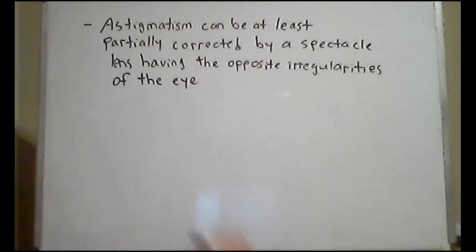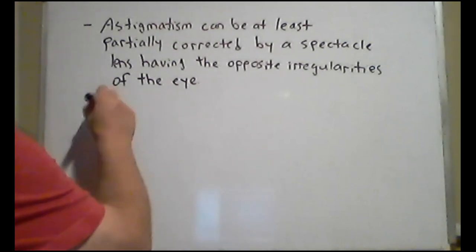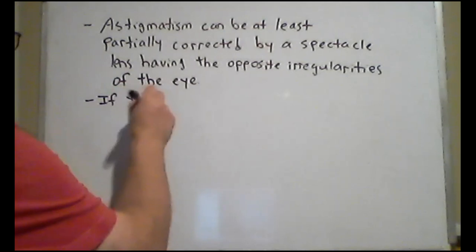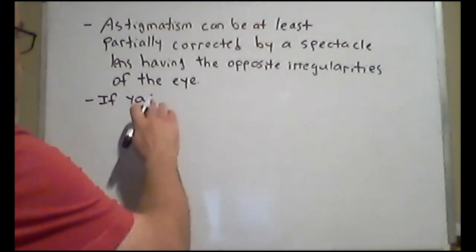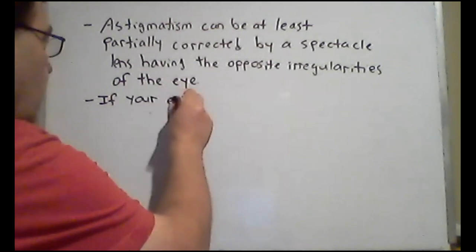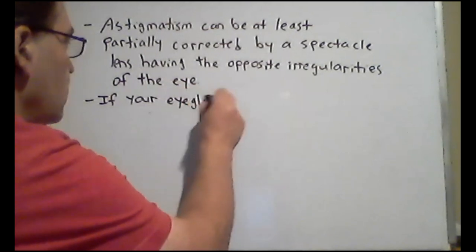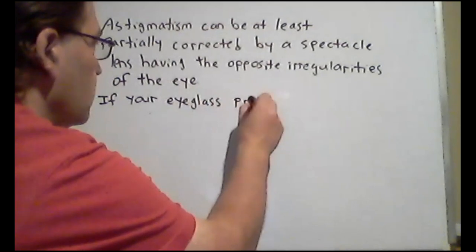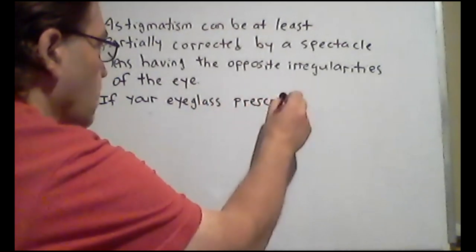All right, so if your eyeglass prescription has what's called a cylindrical correction, then you have astigmatism. I've been talking about spherical corrections.